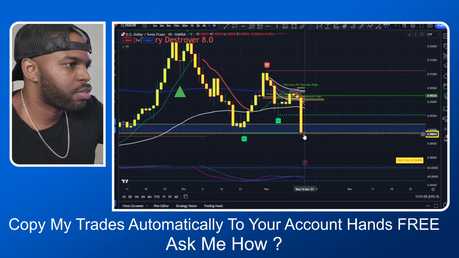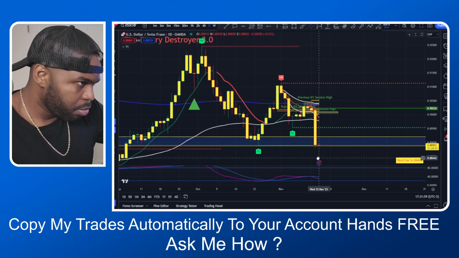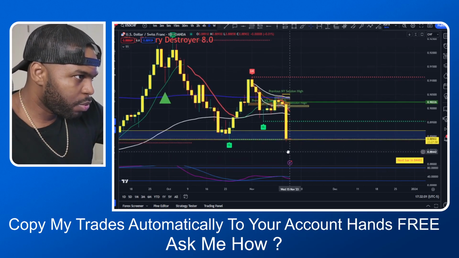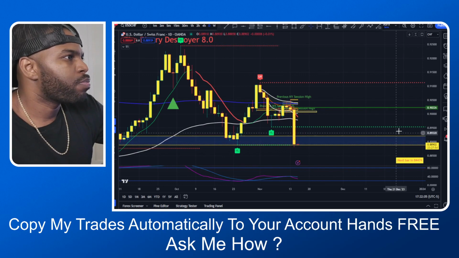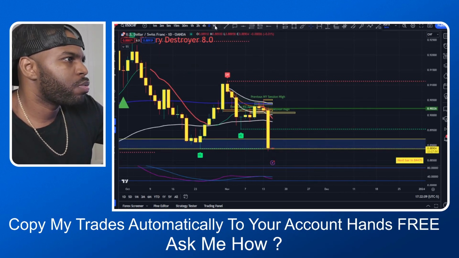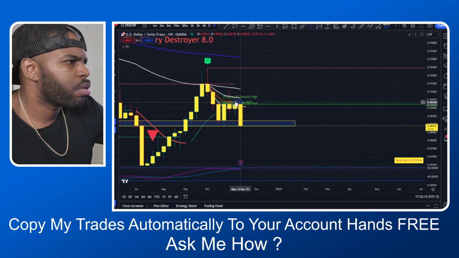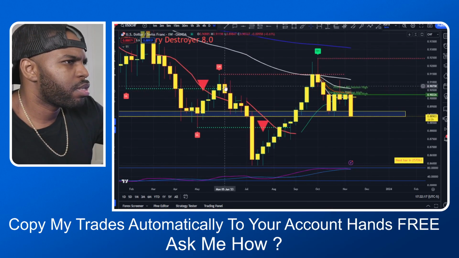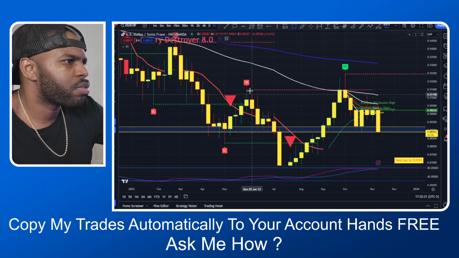As you can see, price is right directly at my zone here, so we'll see what's up. But we did create a lower high here. Let's go to the weekly. Let me draw a zone here.